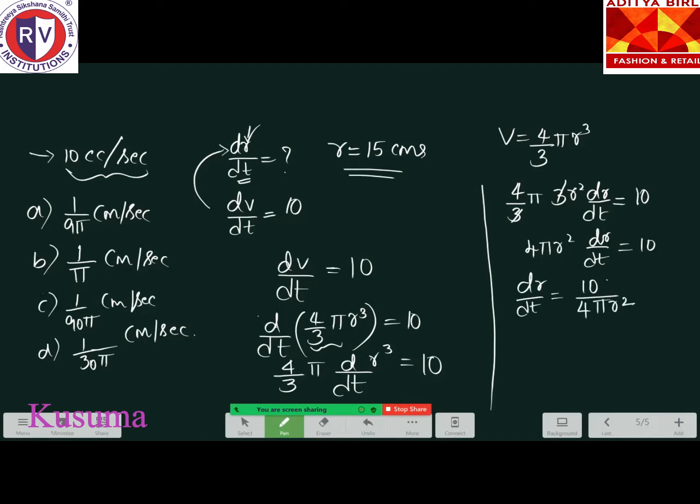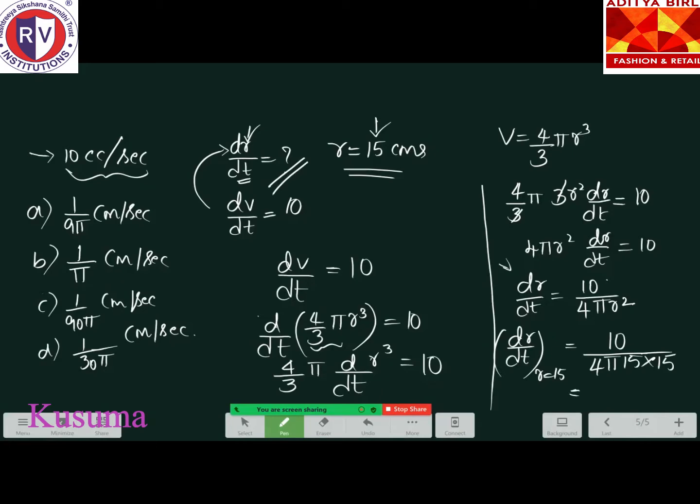So we got dr by dt, this is what we were supposed to find out. But we have to find out dr by dt when r is equal to 15 centimeters, right? So dr by dt is equal to, when r is equal to 15, this will be 10 by 4 pi 15 square. Okay.